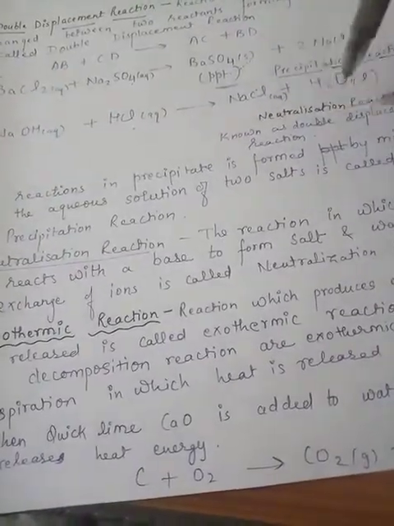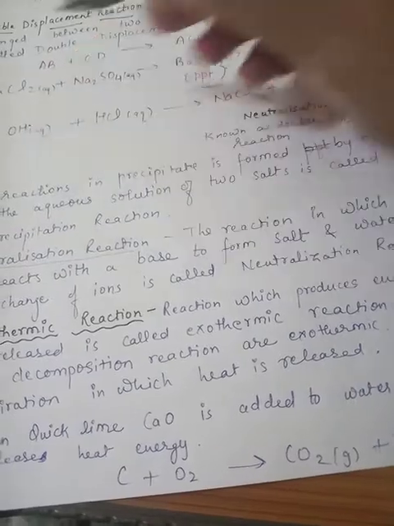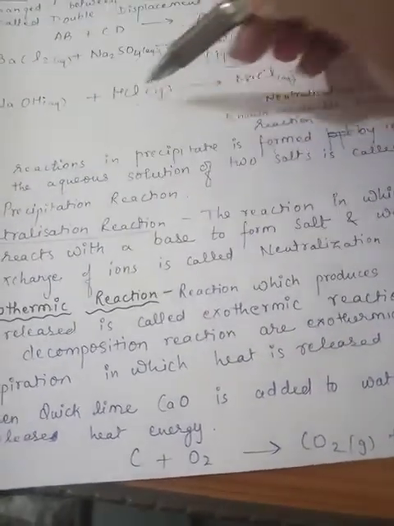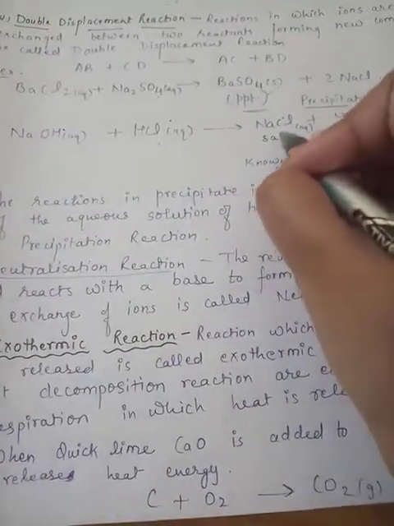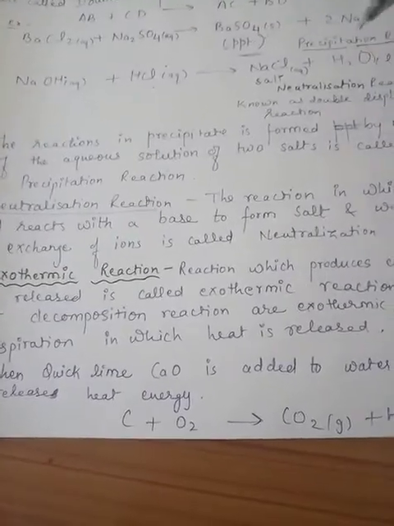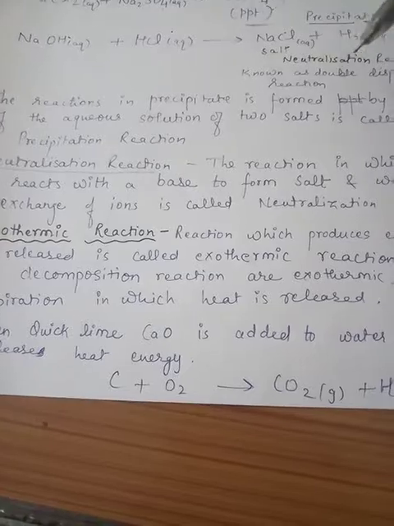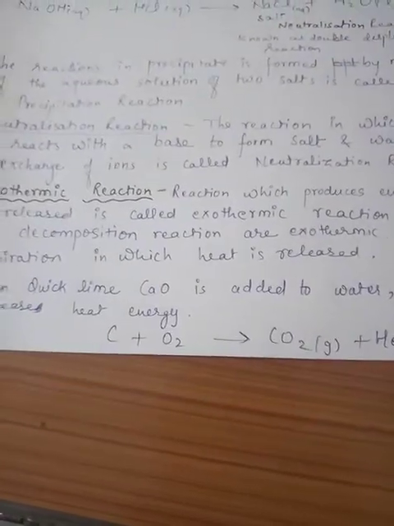This is a neutralization reaction. This is a base, this is an acid, and when these two react, they form a neutral salt. The salt is neutral here, that's why it is also known as neutralization reaction. Two names are given to the double displacement reaction, that is neutralization reaction and precipitation reaction.